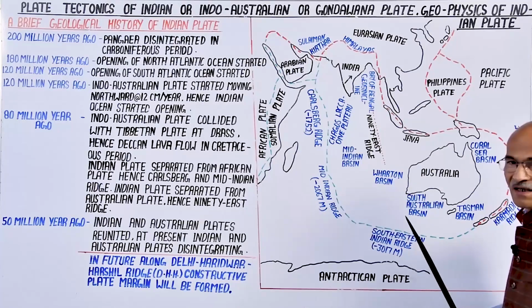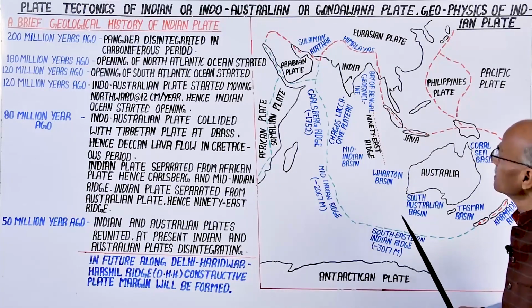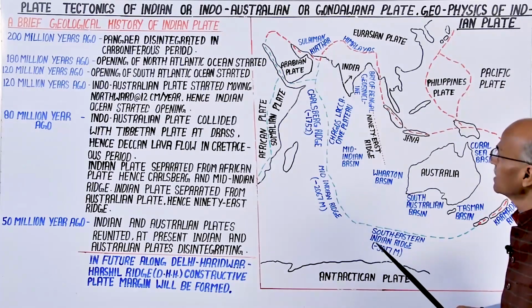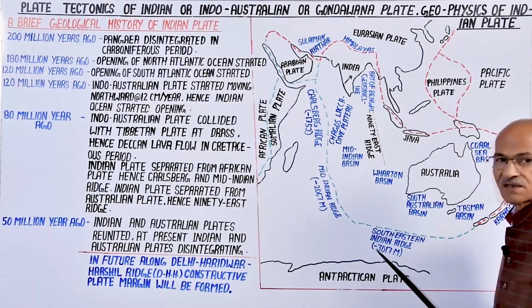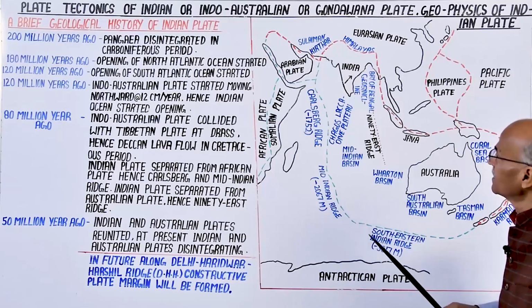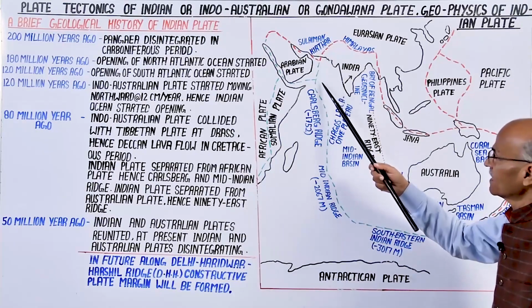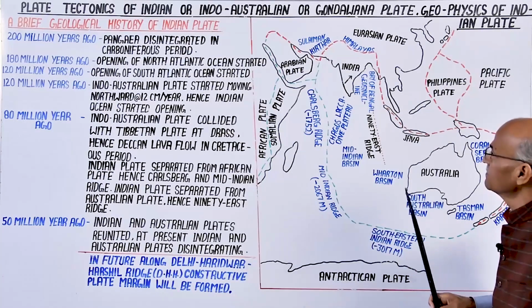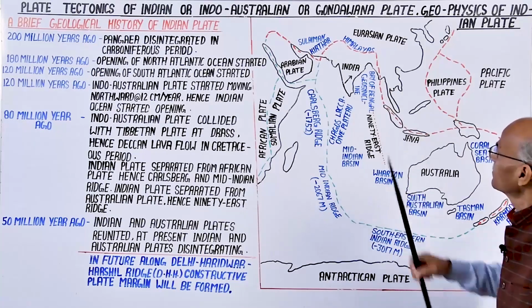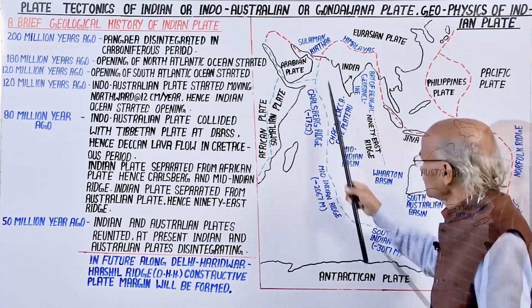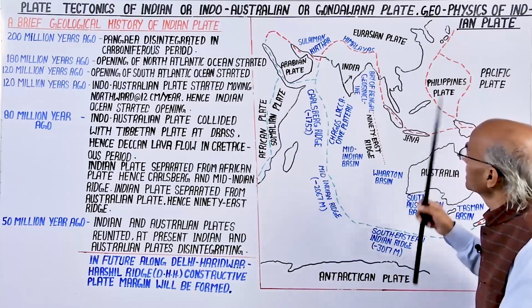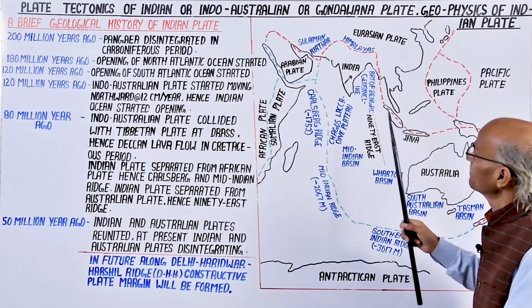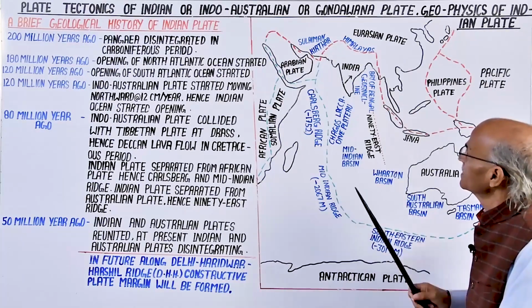In the study of plate tectonics in its theoretical aspect, we have already studied that plates have two margins, and here it is clear that the west and south part is constructive, while the east and north part is destructive. So this is about the plate margin of India, and how geophysical processes operated here we have to study.